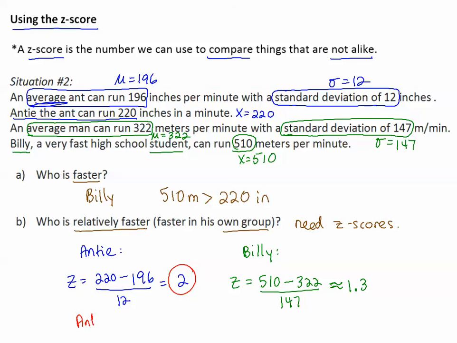Therefore, Auntie is relatively faster because 2 is farther from the mean. So she may not be faster than Billy, but she is faster compared to most of the ants than Billy is compared to most of the humans.